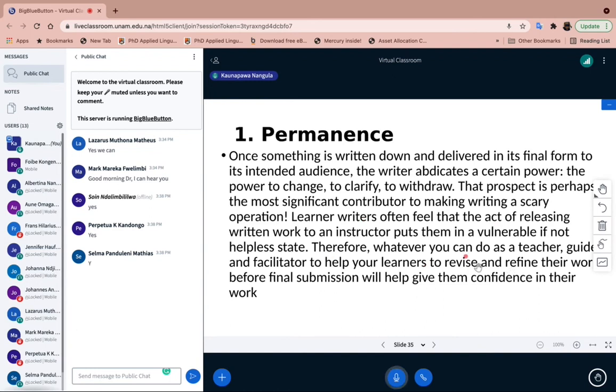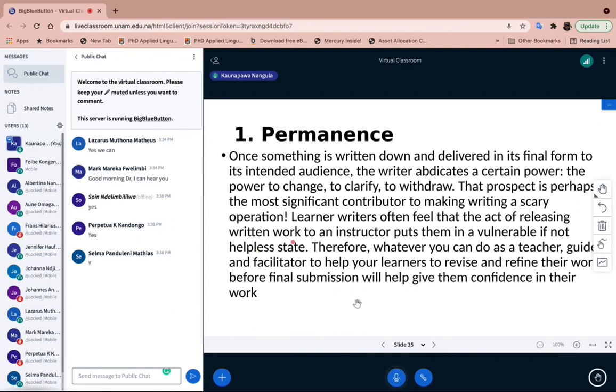Therefore, you as a teacher, you need to guide them. All right, you need to help your learners to revise and refine their work before the final submission, which will give them some sort of confidence in their work. Whenever you don't give them chances to work on revising their work, that can create anxiety or helplessness.